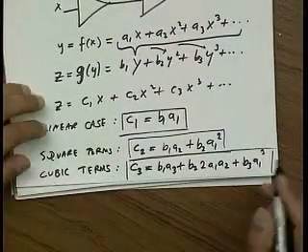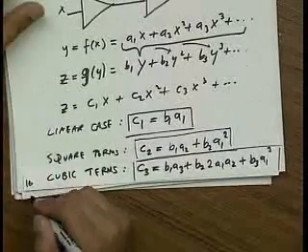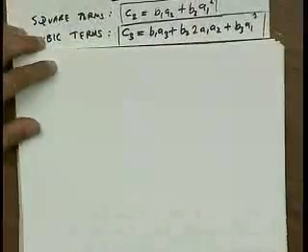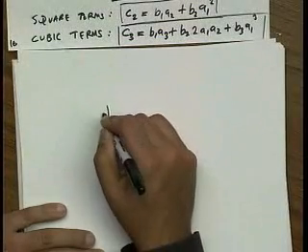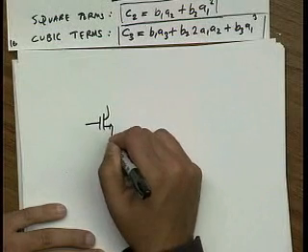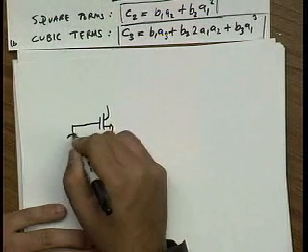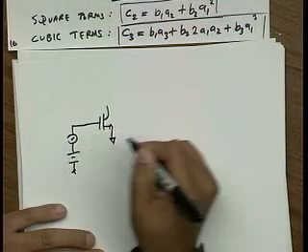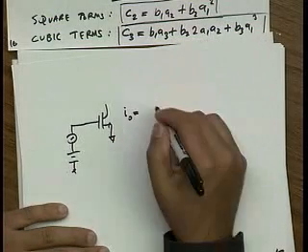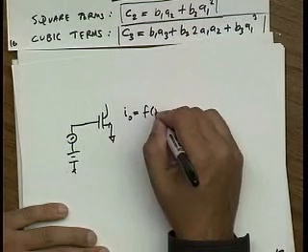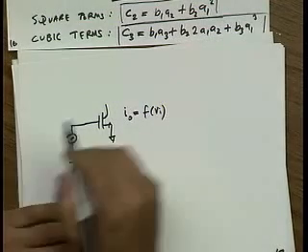Let me give you an example of where a cascade may be useful. Let's say I have a transistor, and let's say I know I out as a function of V in. Okay?